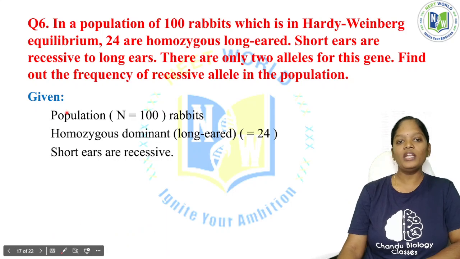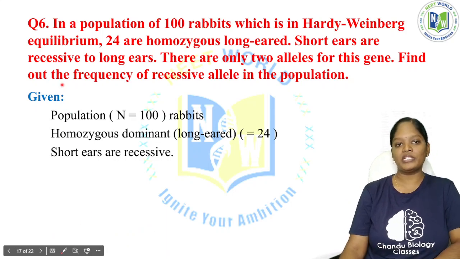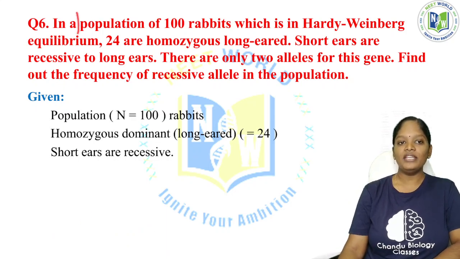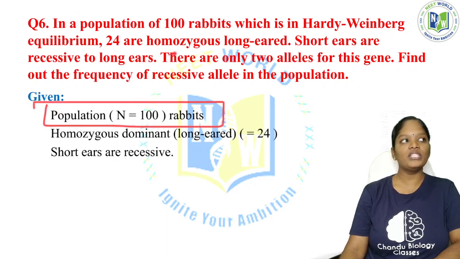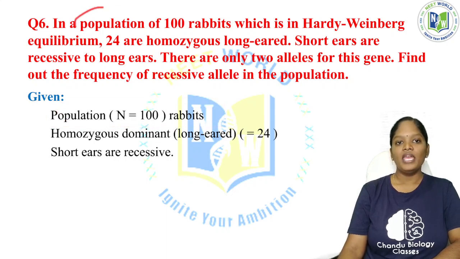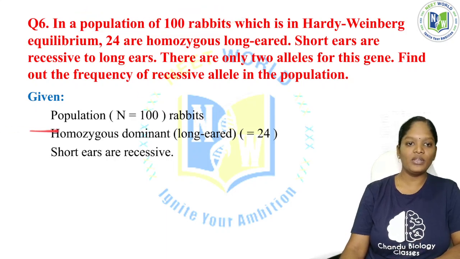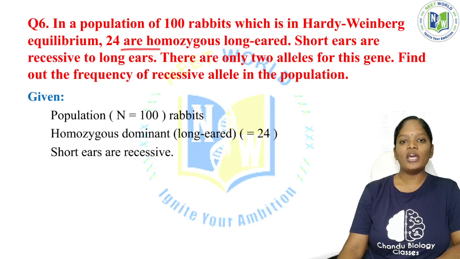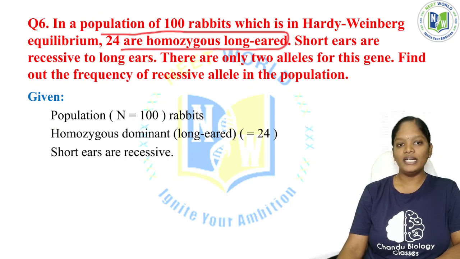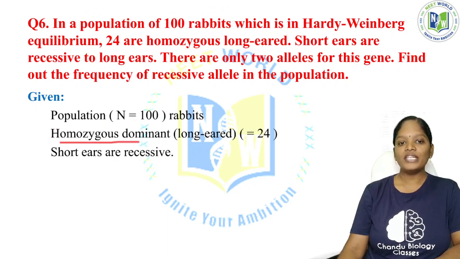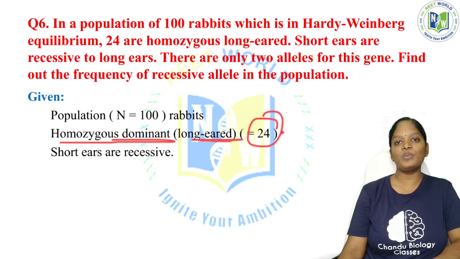Okay, now what are all the given data in the question? So we have taken from the question that the population has 100 rabbits. Okay, so we have taken and written it. Now 24 are homozygous long-eared. So homozygous dominant, that is long-eared, how many individuals? That is 24.